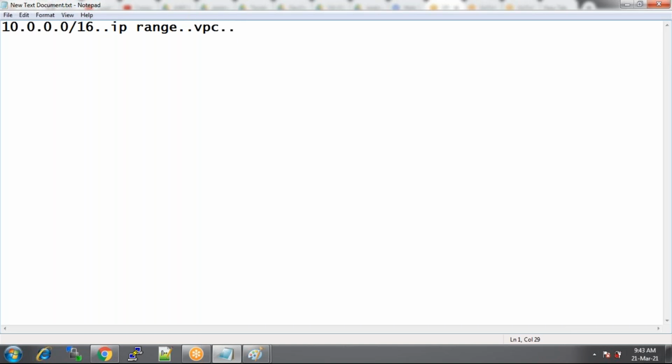That is decided by the CIDR block. The CIDR block decides the number of different IPs your VPC can accommodate. In this example, it can accommodate about 65,000. But how do I know this?